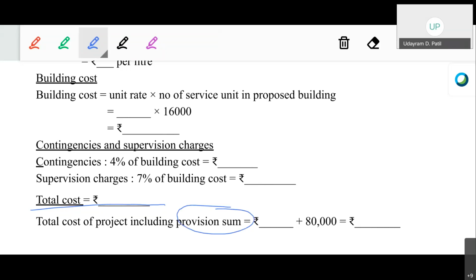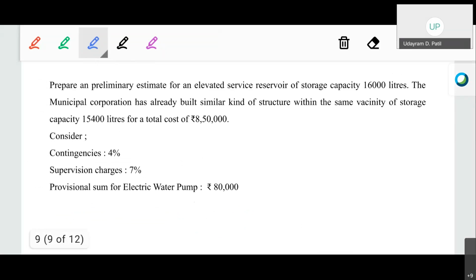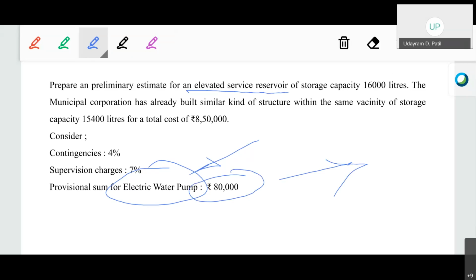Suppose in this particular case, since we have an elevated service reservoir, you know that we have to provide an electric water pump. So I have to buy and install the electric water pump so that there will be proper function of the elevated service reservoir. So I put aside a certain amount so that there will be no budget issue after that.